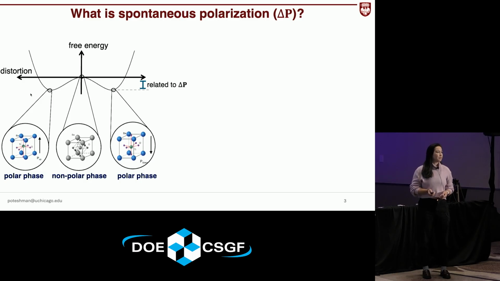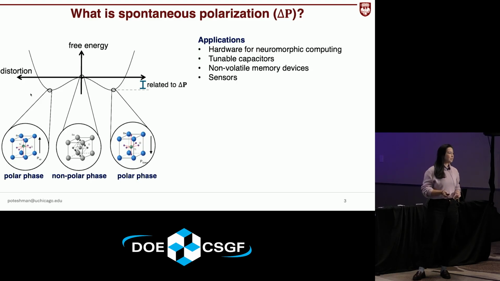We care about computing spontaneous polarization because if we know it, we can then compute the magnitude of an externally applied electric field we can use to switch between these two different polar configurations. This switching property is important in many different applications, some of which are listed here.